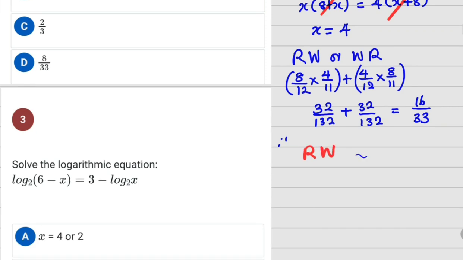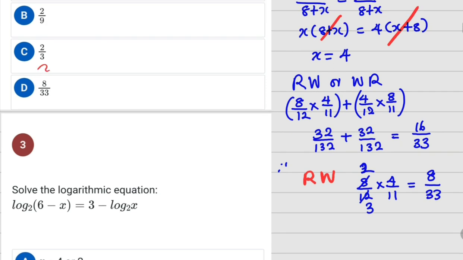So probability of picking a red will be 8 over 12, then times 4 over 11. In doing this, 8 and 12 reduce to 2 and 3, and 4 and 11 stay, so it's going to be 8 over 33. And this one will now be the answer.